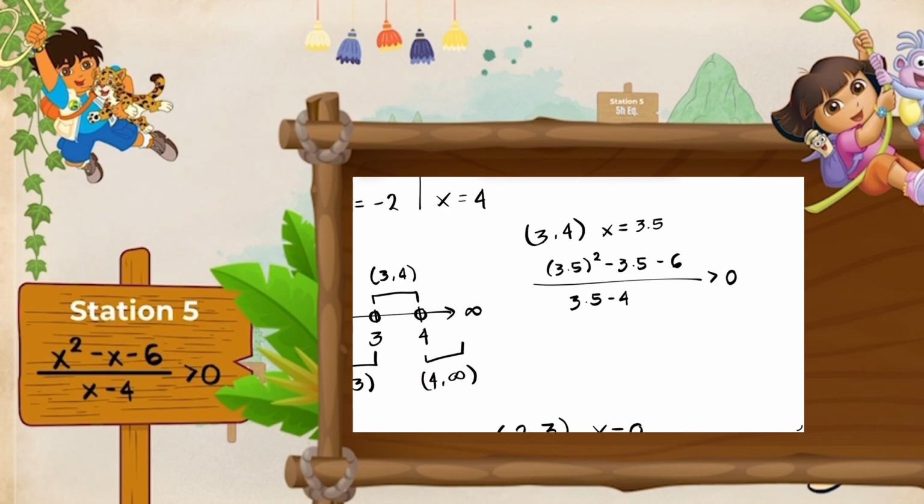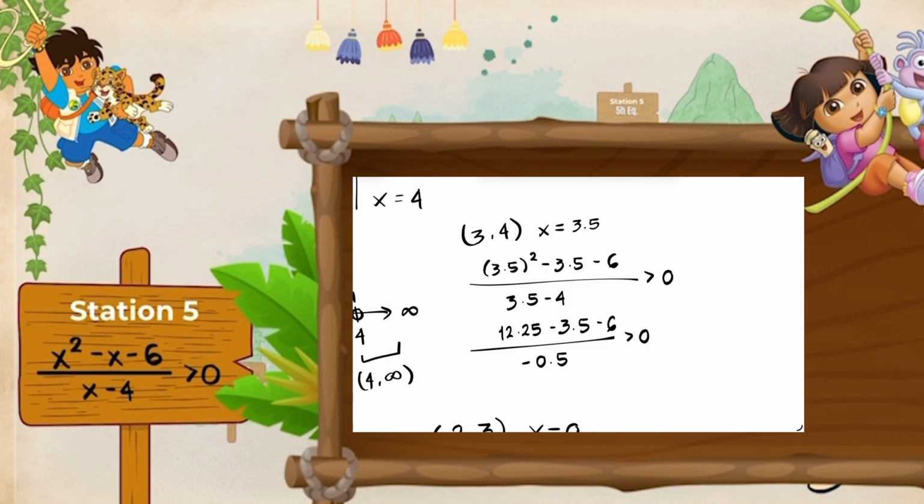So 3.5 squared is equal to 12.25. 12.25 minus 3.5 minus 6 over 3.5 minus 4, which is equal to negative 0.5. It's greater than 0.